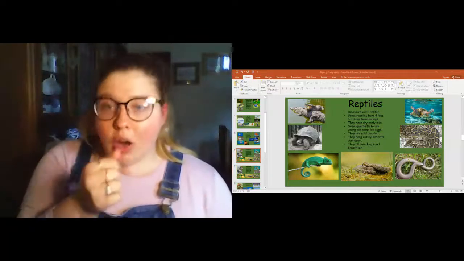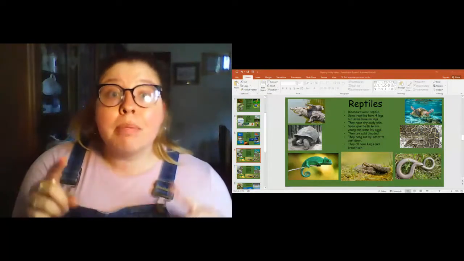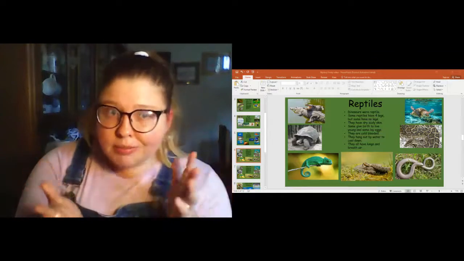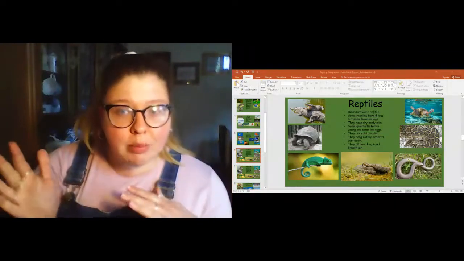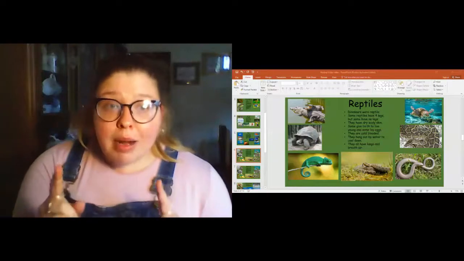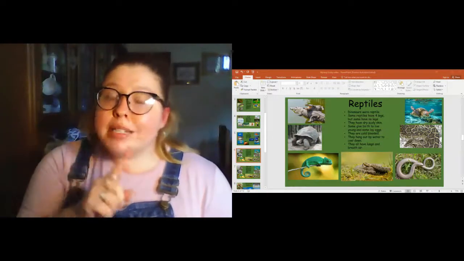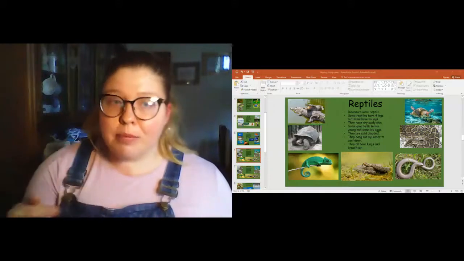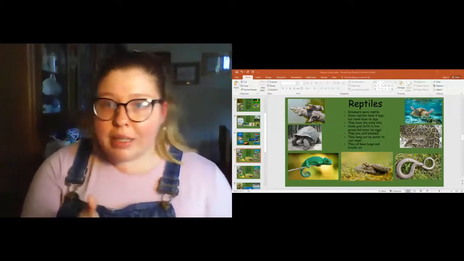And what they have in common and why they're grouped together is, first of all, dinosaurs were also reptiles. The coolest. Dinosaurs were reptiles. Some reptiles have 4 legs, but some have no legs. I mean, look at the snakes. They've got no legs. They're not running anywhere, so they do that wiggly movement.